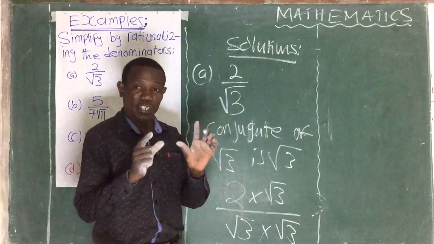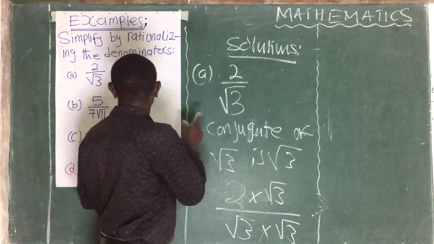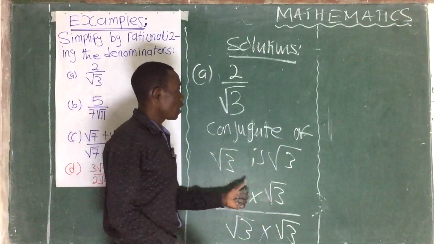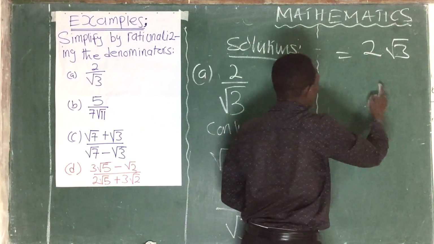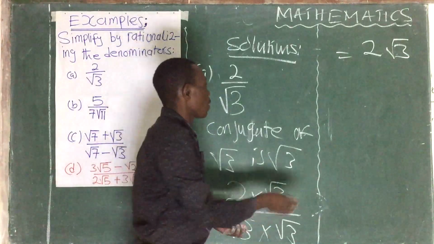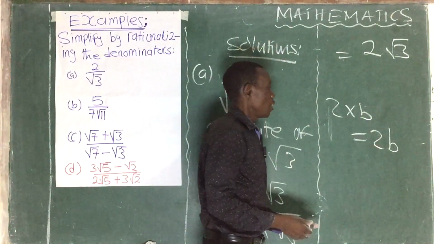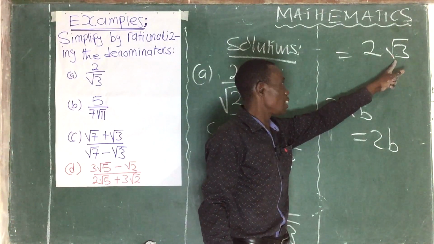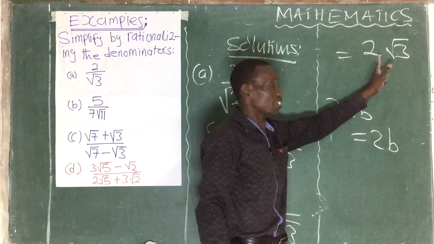So that knowledge is now applied here in the conjugate surds, where we are trying to rationalize the denominator. See, now we are multiplying 2 by root over 3. This will give us 2 root 3. It is the same as 2 multiplied by a b, the answer comes to 2b. So root 3 is treated like a variable b. These are just like unlike terms, so cannot be multiplied directly.